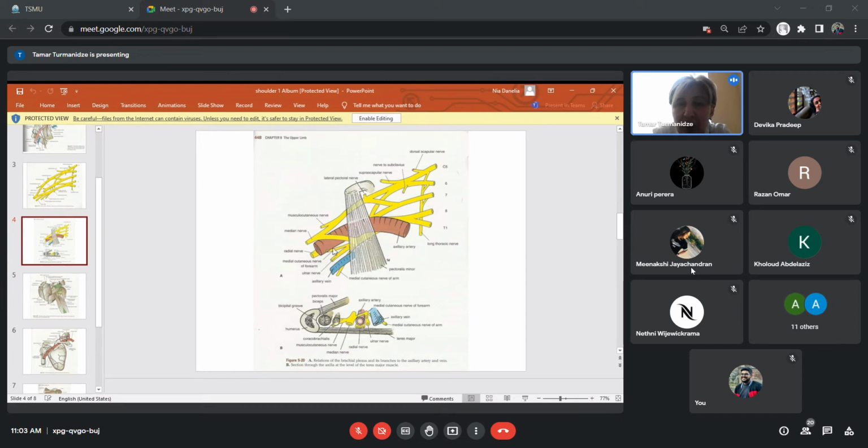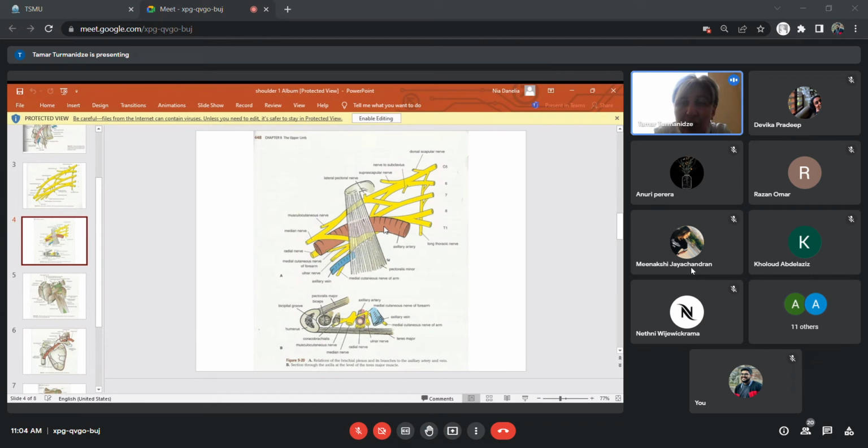Now on this picture, let's see. So in the pectoral triangle, medially we have what? Axillary vein. Laterally to the axillary vein is located the medial cord of the brachial plexus.